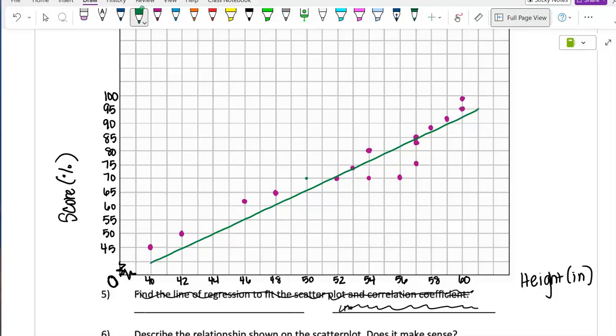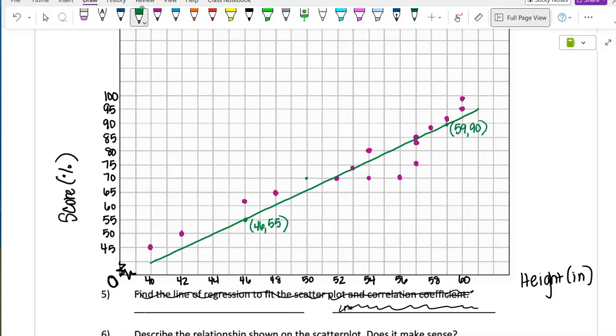So it looks like I can use the point 59/90. And then another point looks like I can use 46/55. And again, the reason we need 2 points is because we've got to be able to do slope and we've got to be able to do y-intercept.